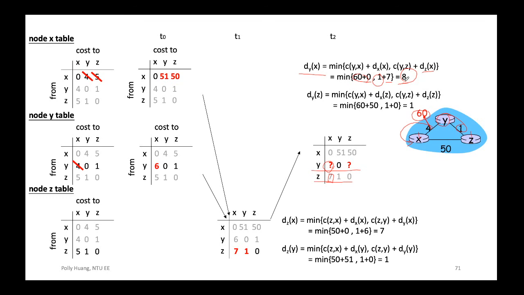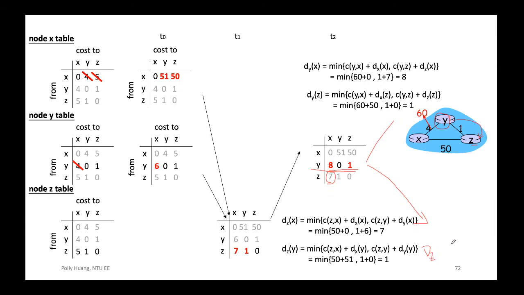What does that mean? Although we update the table for y so that it's 8, 0, 1, y actually believes firmly that z is the best neighbor to forward the packet, because z knows a way which takes only 7 to go to x. And this is going to go on, in fact, because y is going to announce dy to all the neighbors, and z is going to recalculate dz.